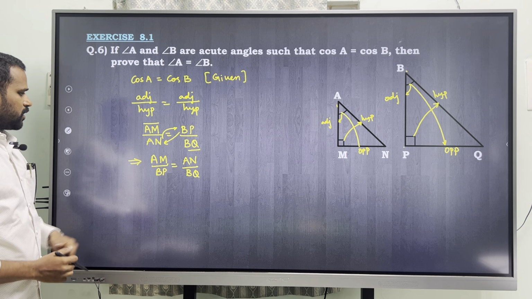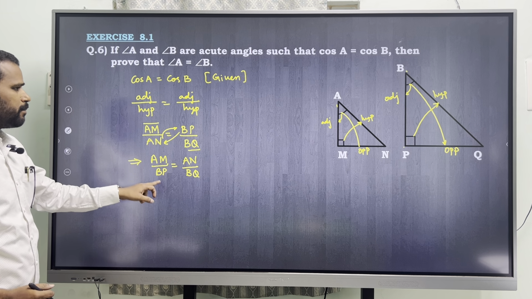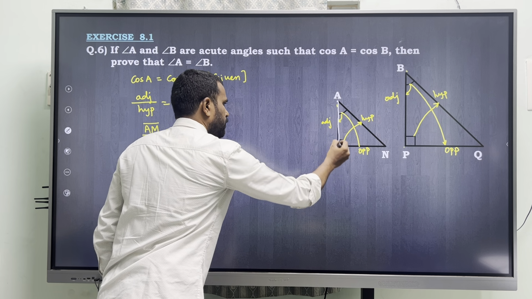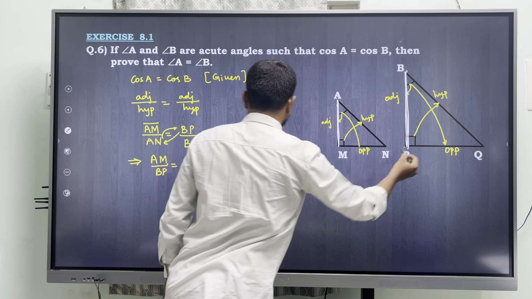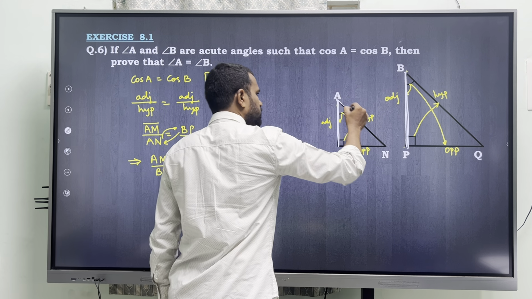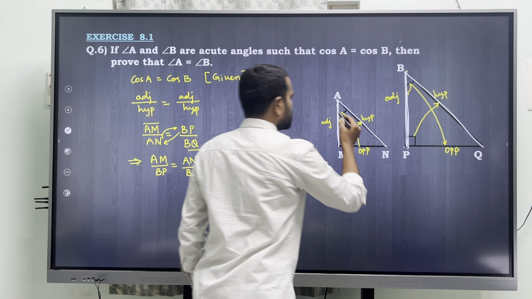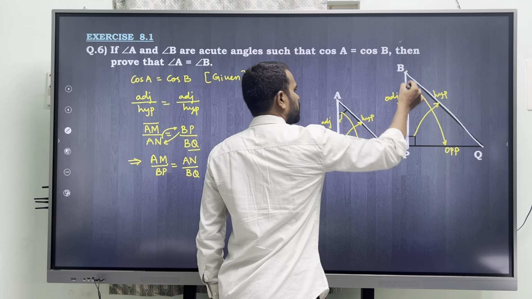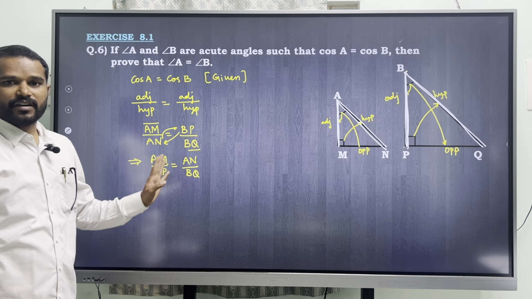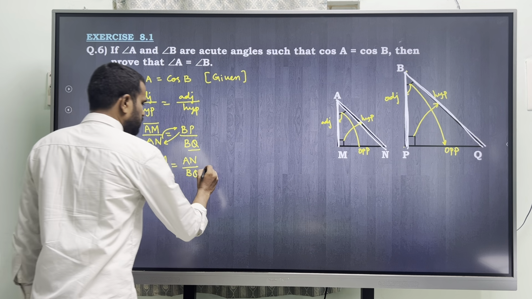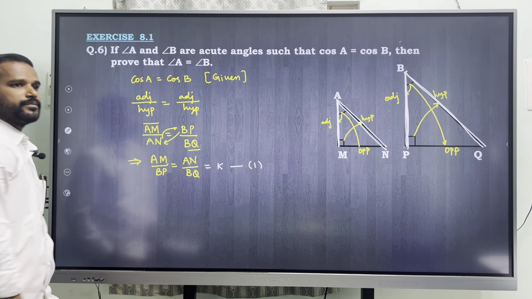Now why I have done this is, see here, AM, BP, and AN, this is hypotenuse, and BQ, this is hypotenuse. So this is altitude and this is hypotenuse. I have taken the ratios of the corresponding sides. Let us take this as K and put this as 1.